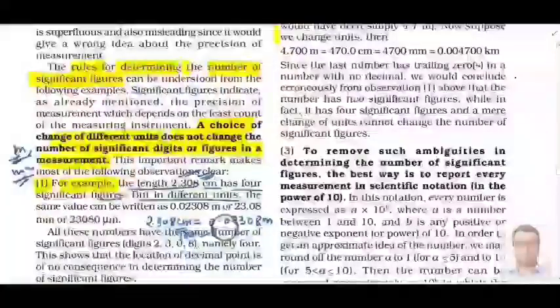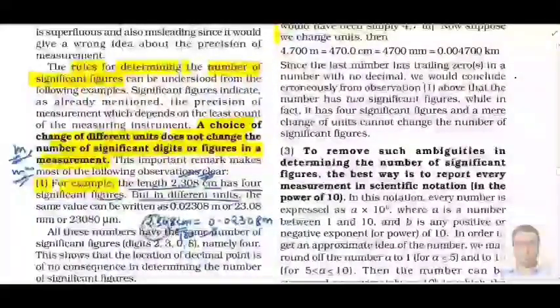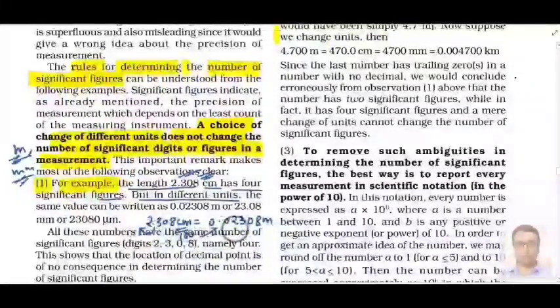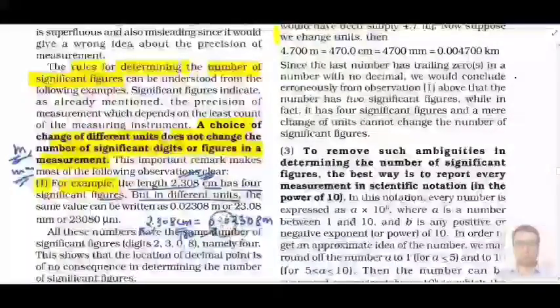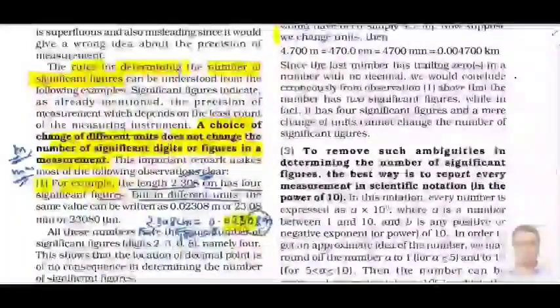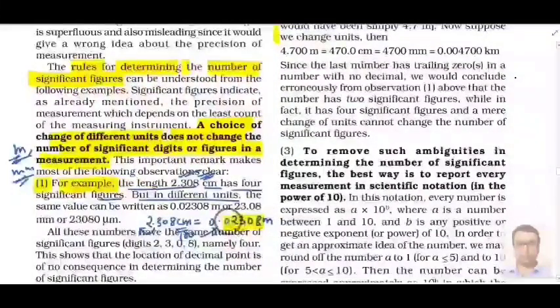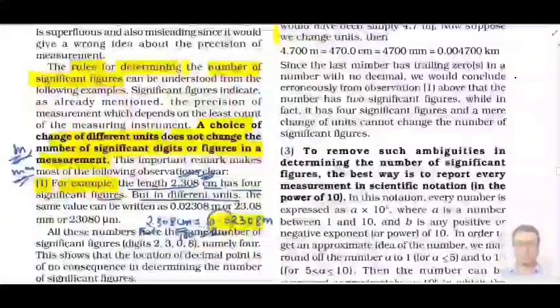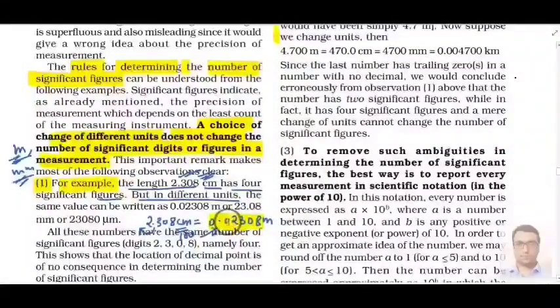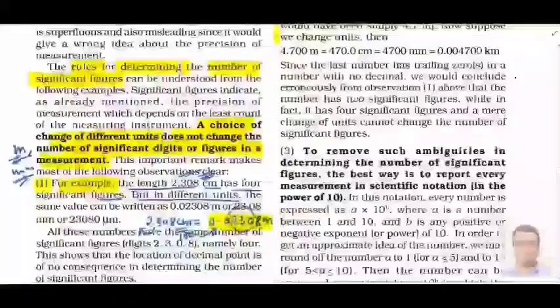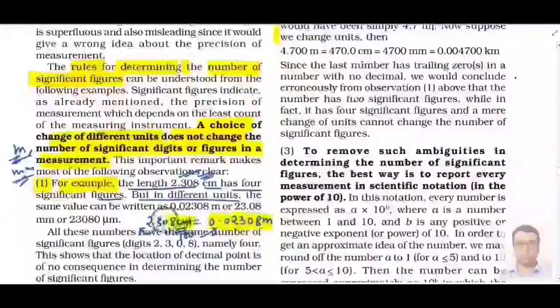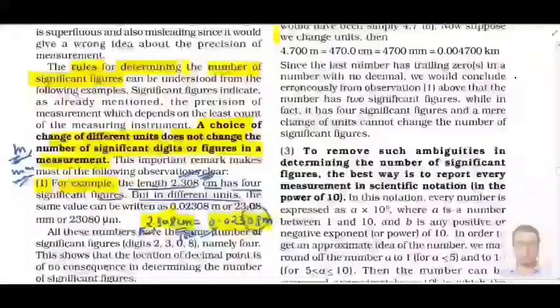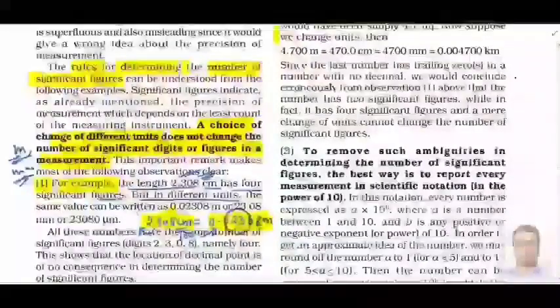The decimal will be shifted towards the left by 2 digits. In this answer also the significant digits will be 4 only. The 0 before the decimal and the 0 just after the decimal will not be counted as significant figures. Only 2308 will be significant, because in the original number we have only 4 significant digits.